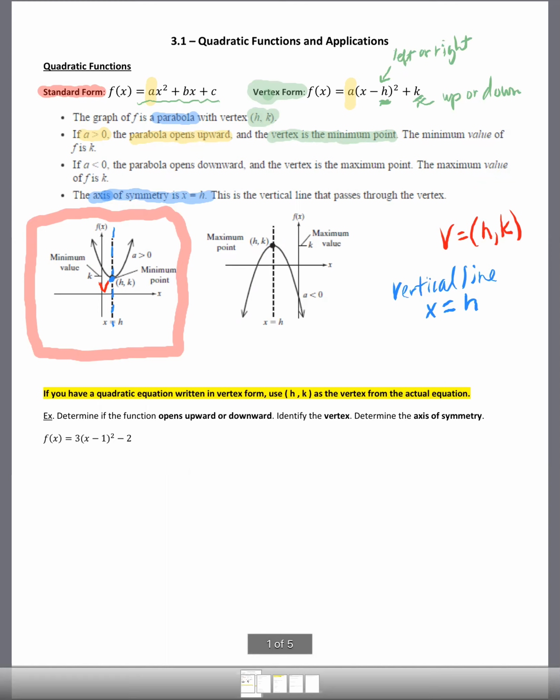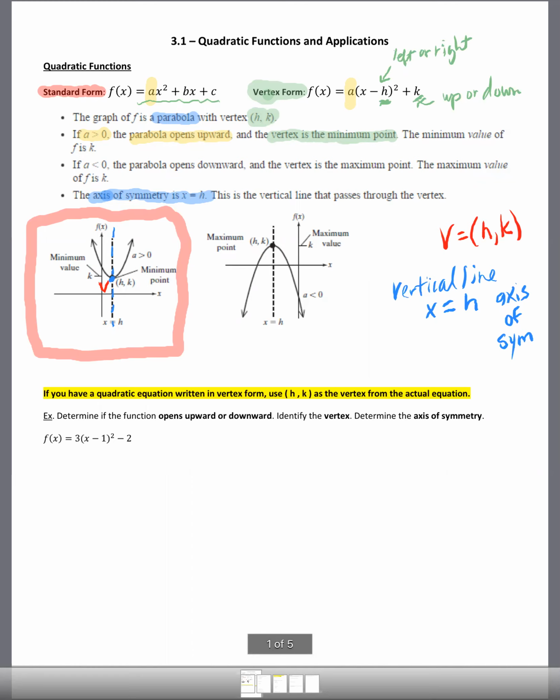So when you find the vertex (h, k), you've also identified the vertical line, which is going to act as the line of symmetry, or what we call the axis of symmetry in our textbook. Be sure that you always write it as an equation. A lot of people will forget and they'll just put down the number for h, and that is incorrect.